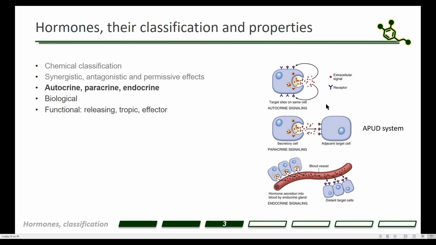The hormone is secreted, but it doesn't travel too far. It acts on adjacent target cells. An example which can be used is the APUD system. But in most cases, once the hormone is produced, it travels far from the place it was produced, and it acts on target cells which could be located very far from the secretion itself.